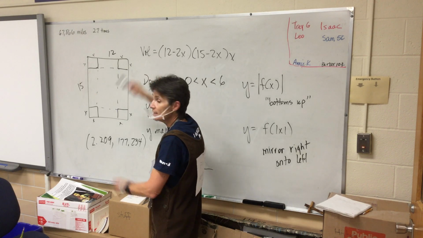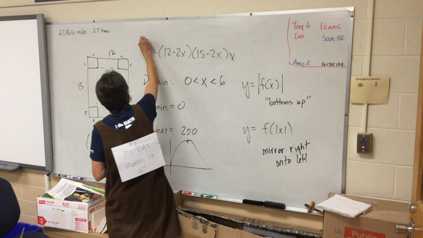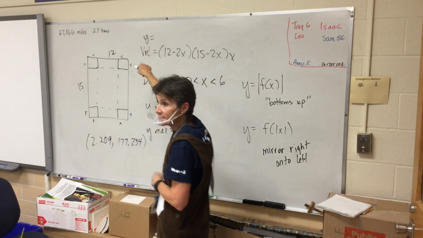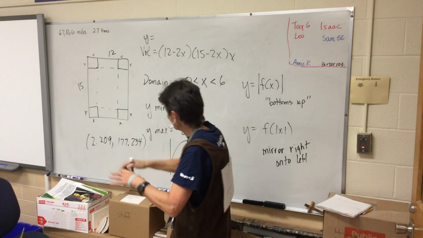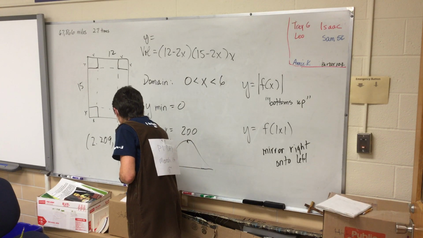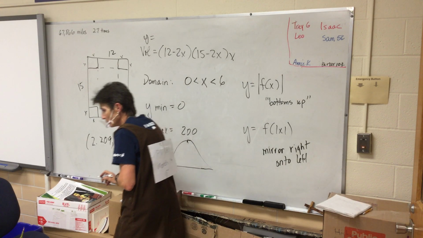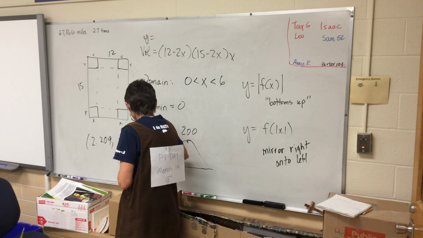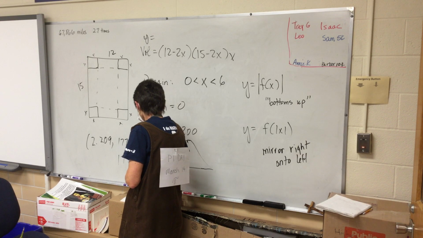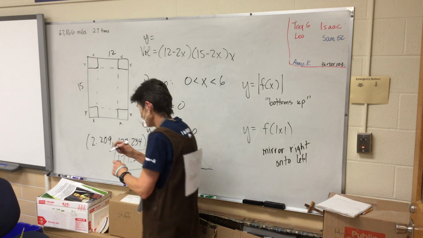The Y value. Because when you put this equation in, didn't Y stand for the volume? So if you want the maximum volume, your answer is 177.234 cubic inches. That would be the answer to the question.